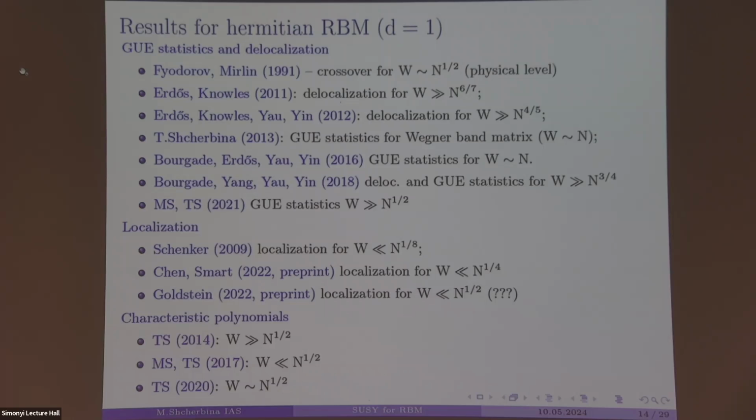Also I would like to mention the characteristic polynomial results, about which I will speak mainly from this moment. There are papers of Tatiana Shcherbina, together with me and without me. For the characteristic polynomial we proved the crossover, and I will show you the idea of this approach, because with the characteristic polynomial it is very easy to see the mechanism of this crossover.